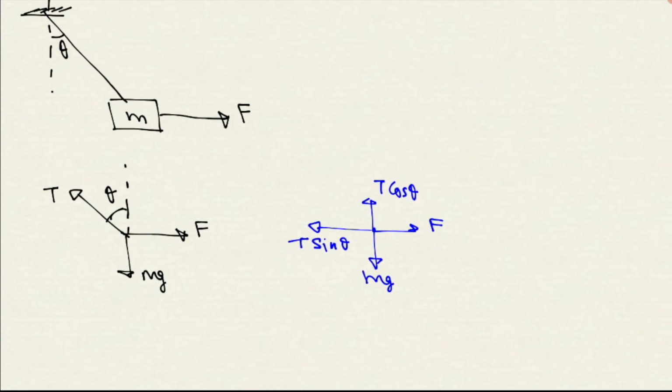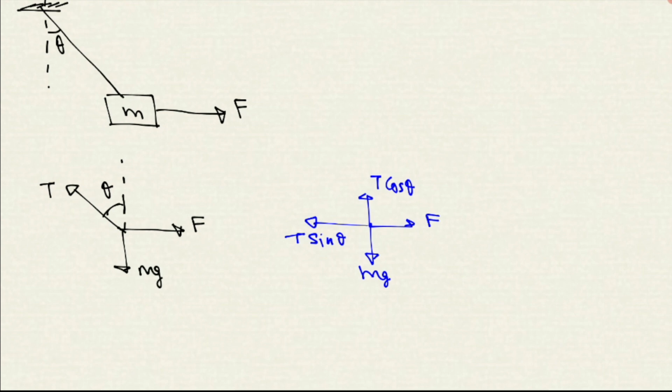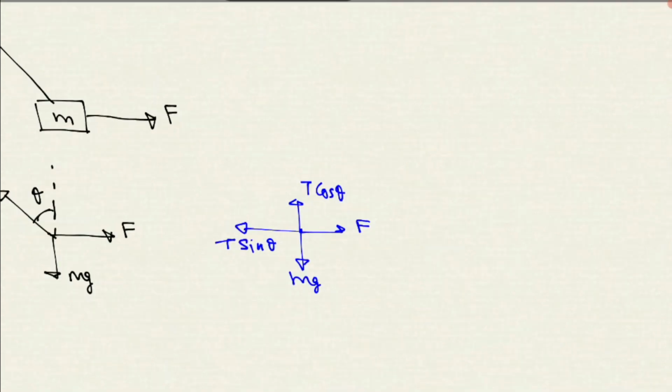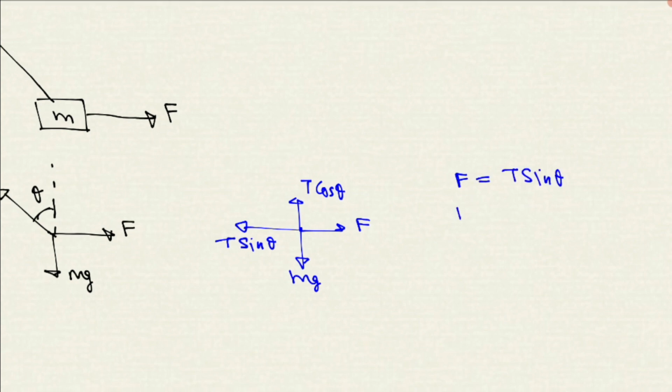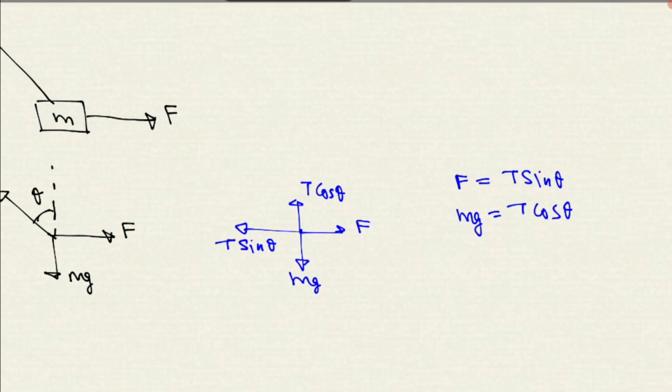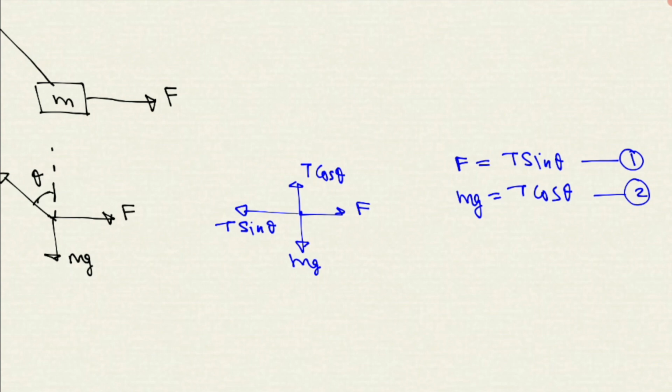Now since the block is at rest, it's in equilibrium, so the forces are balanced. So we can write F is equal to T sine theta and mg is equal to T cos theta. Let's name these equations as first and second. So to find relation between F, mg and theta, we can divide 1 by 2.